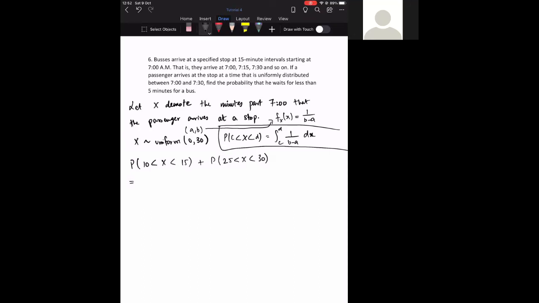So to find the probability that x is between 10 and 15, we need the integral from 10 to 15 of, we have a as 0 and b as 30.